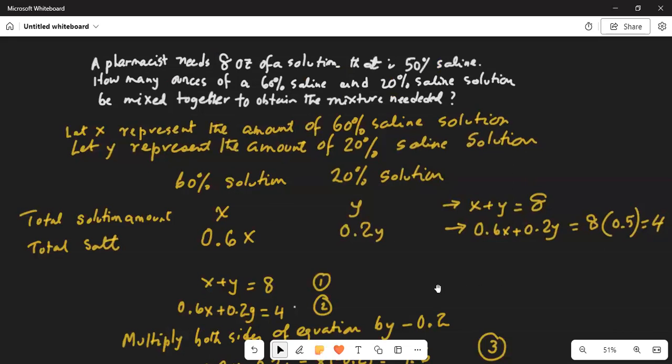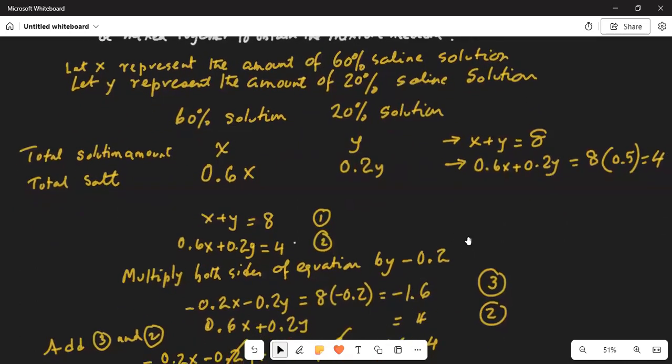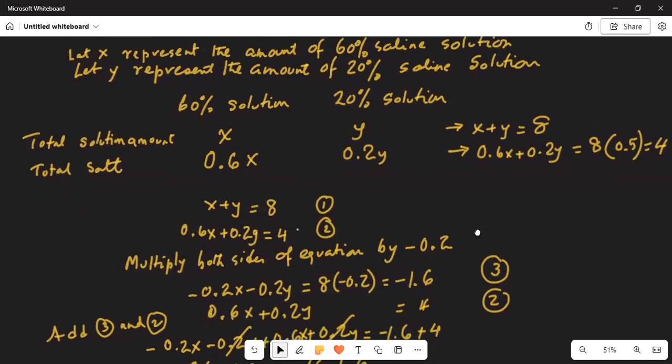Now we have two equations: X plus Y is equal to 8, which is equation 1, and equation 2 is 0.6X plus 0.2Y equal to 4.